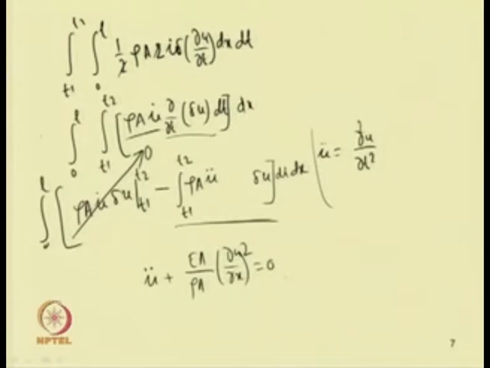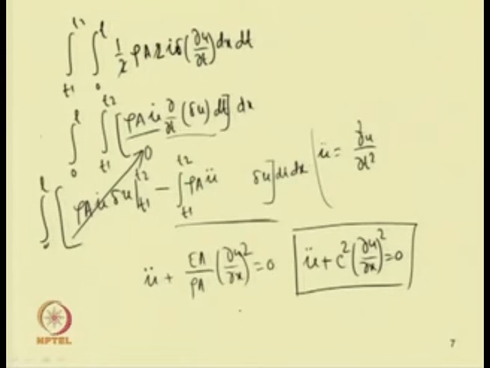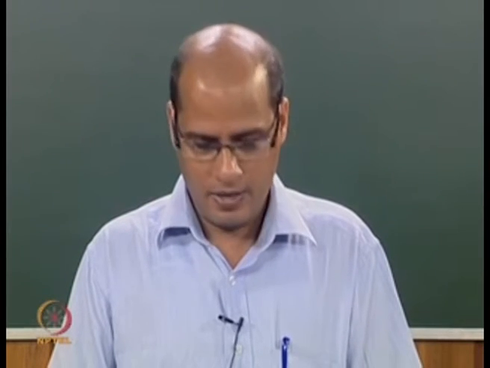Here A can be cancelled, so u double dot plus c square del u by del x whole square equal to 0, where c square equal to E by rho, or c equal to root over E by rho. So, this is the equation for a longitudinal vibration of a beam when we have taken a linear system.